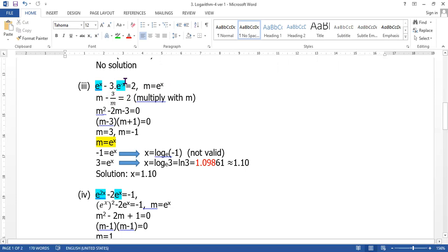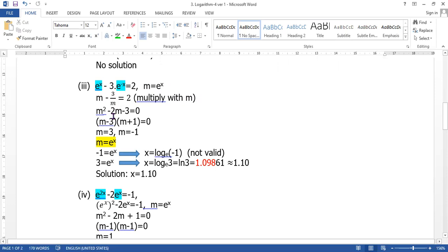If we want to change this to positive, we must move this to the bottom of the 3, down of this number. And 3 over m equals here, and we multiply all of this with m.